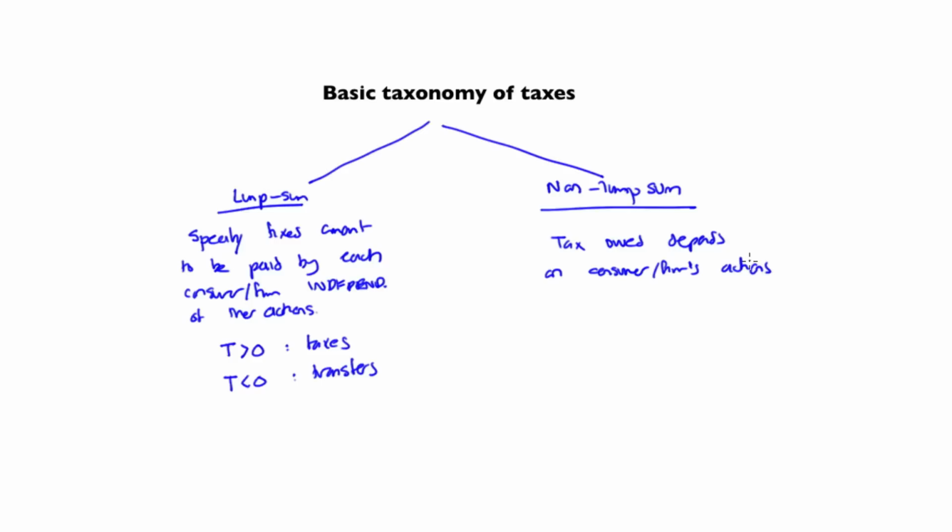And there are many types of non-lump sum taxes, as we're going to see repeatedly in examples and exercises, but just to give you one example of something we have encountered so far is a per unit sales tax paid by consumers. So the tax may specify, for example, that every time you buy a package of cigarettes, you need to pay $1 in taxes.